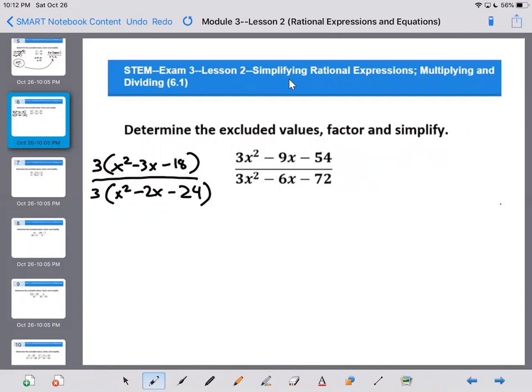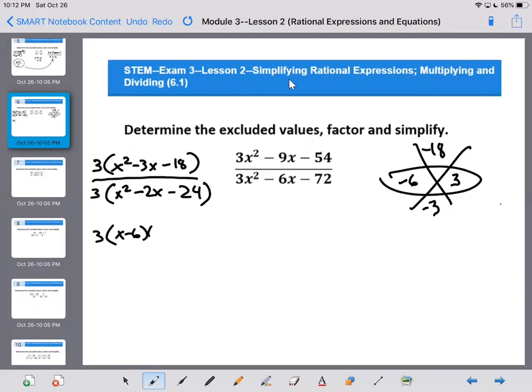Okay, and so then we're looking at the numerator, x squared minus 3x minus 18. So we're looking at factors of negative 18 that add to give you negative 3. So that would be negative 6 and positive 3. So 3 multiplied by, since a is 1, remember we can go to just these factors here, x minus 6, x plus 3, divided by the original factor of 3.